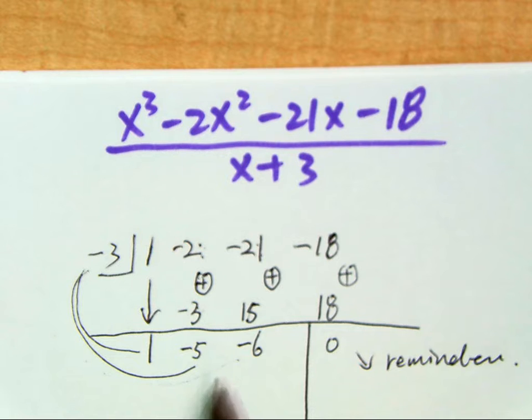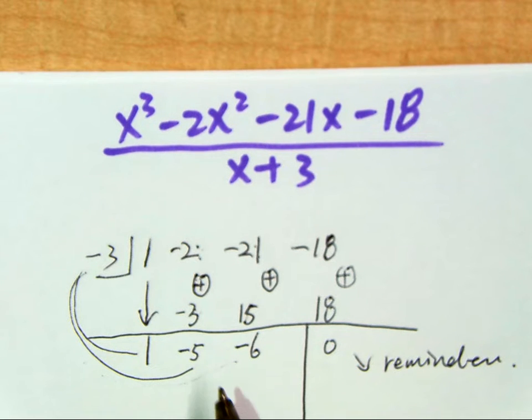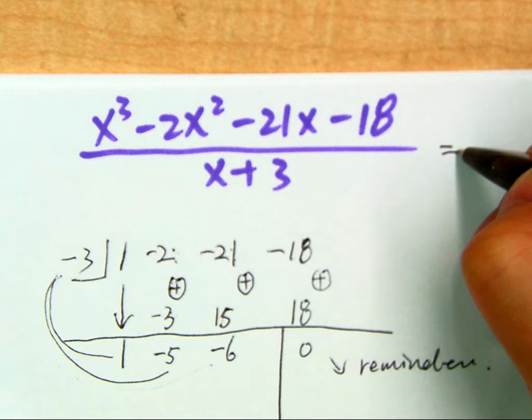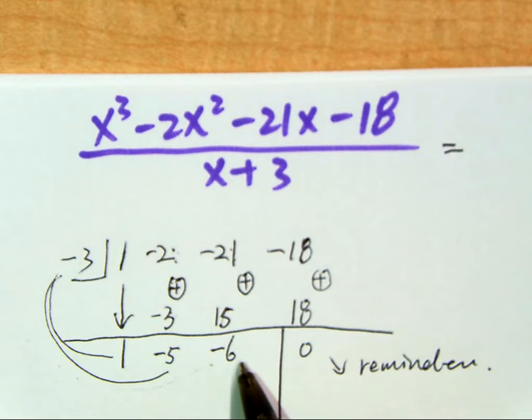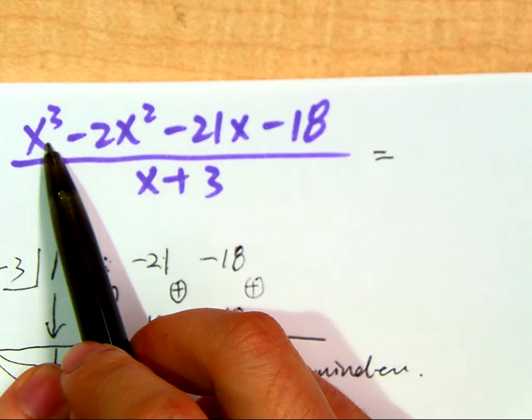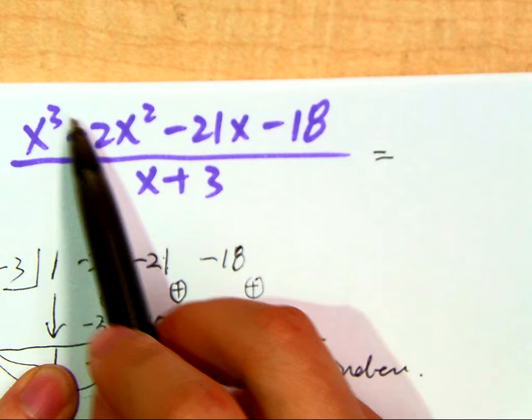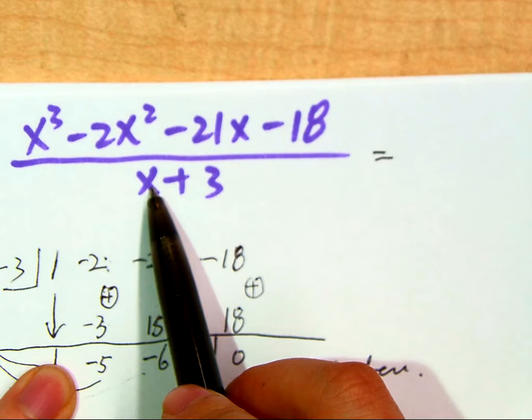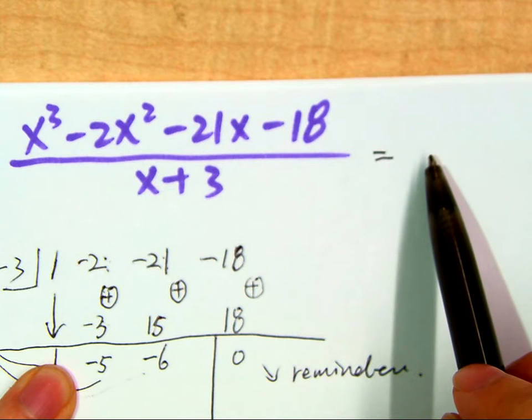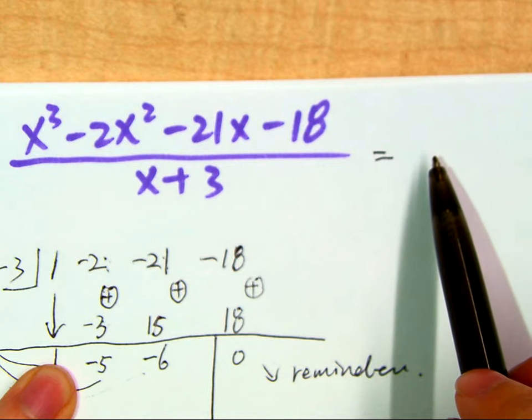And that's how we do synthetic division. After you've done this, I'll show you how to write your answer. The answer will be the coefficients of each term. If the problem is x cubed and you divide by x, you should start with x squared, so the power is reduced.